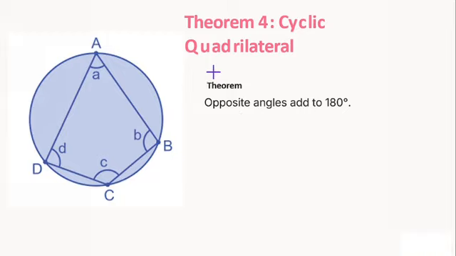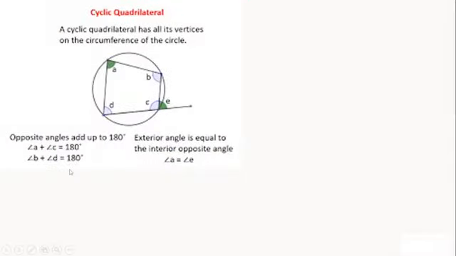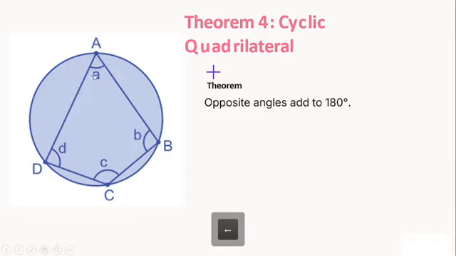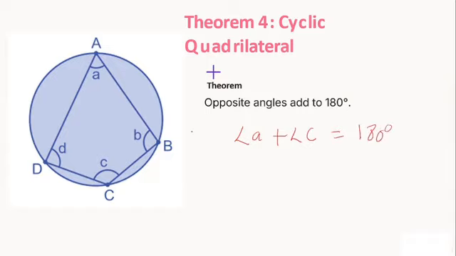The opposite of this angle A right here is the angle C. So when we add angle A plus angle C, this gives us 180 degrees because these are opposite angles.